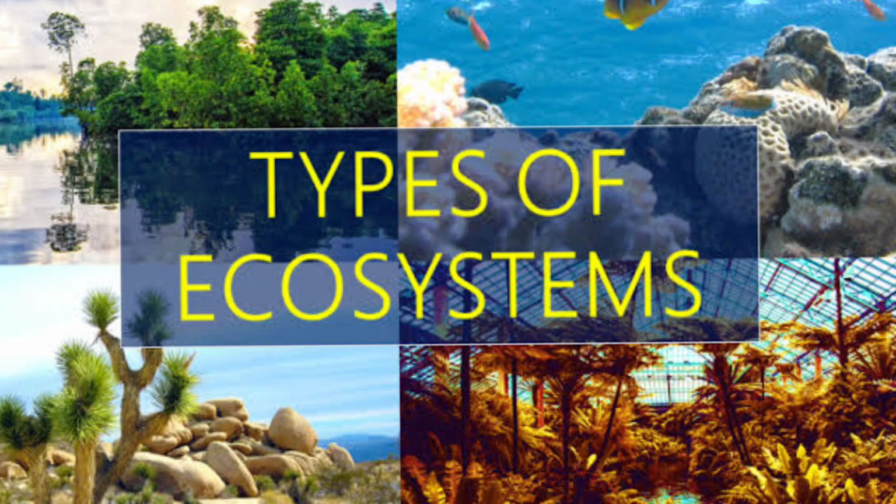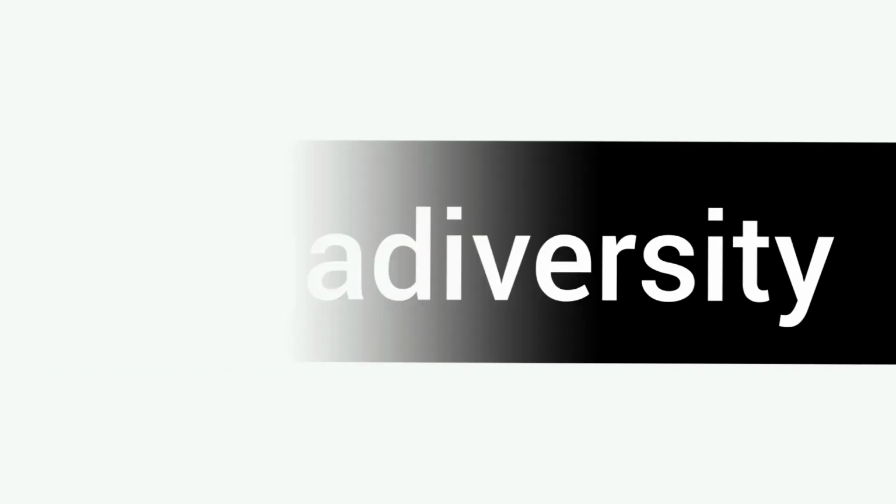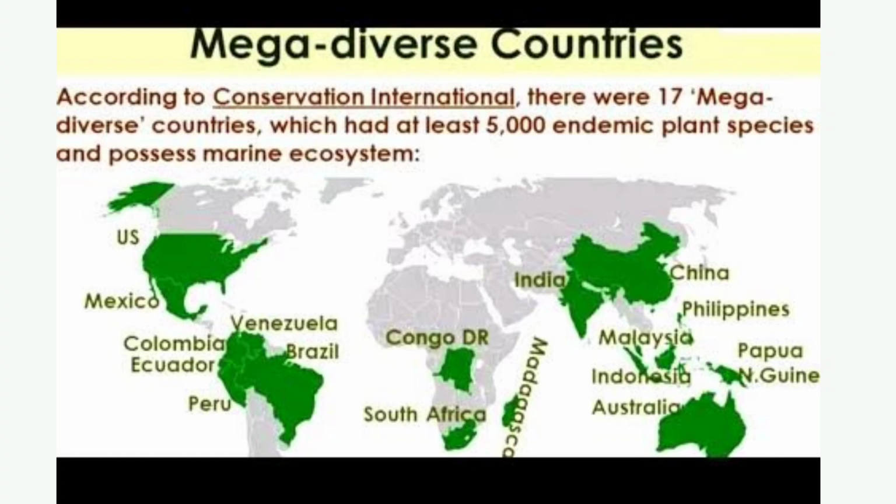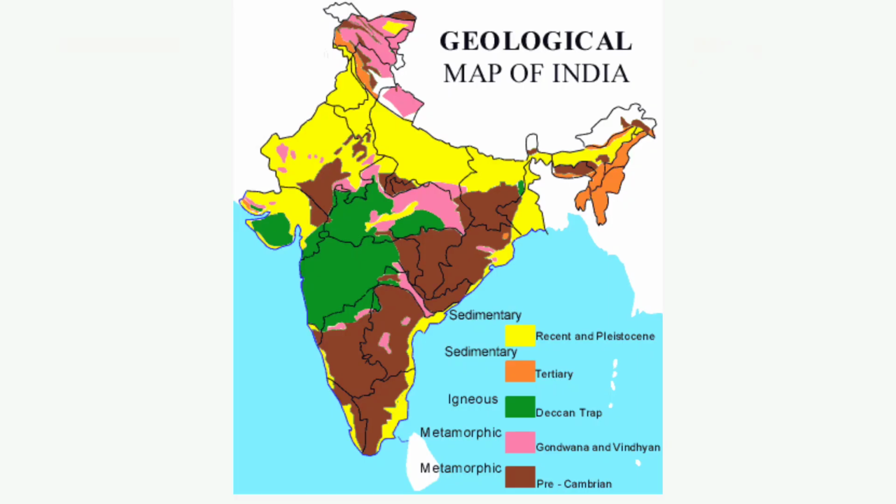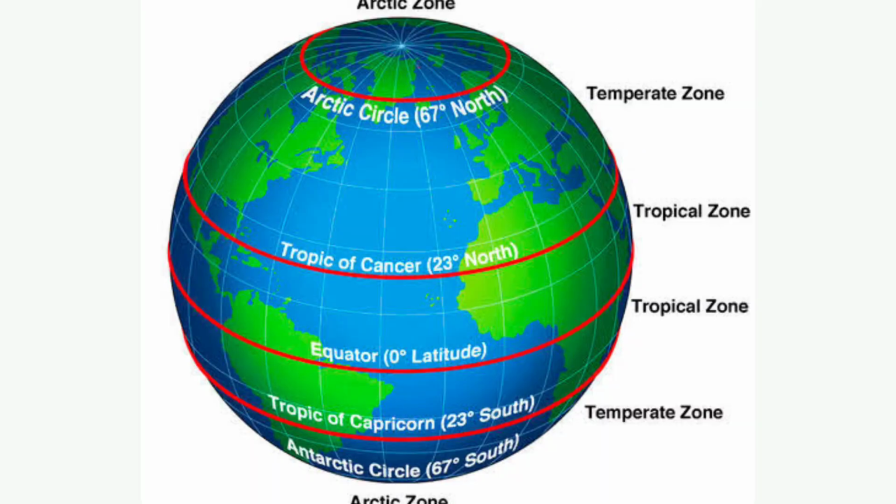These are very important, but the most important is mega diversity. Mega diversity means there are some places which are the mega diversity centers. What are those centers? These are tropical rainforests. These tropical rainforests are found above and below the equatorial part, between the Tropic of Cancer and the Tropic of Capricorn.